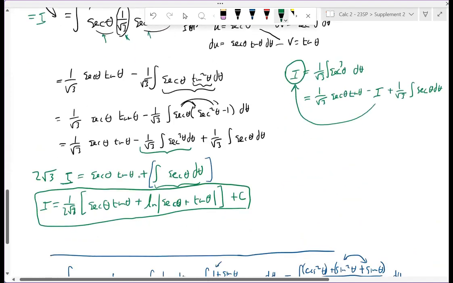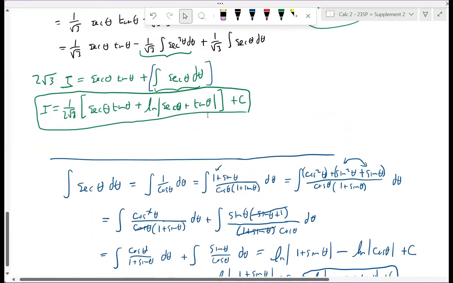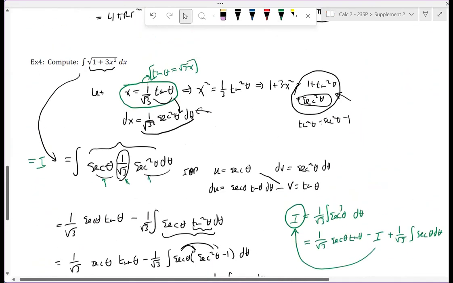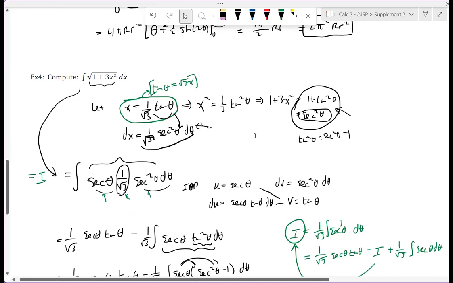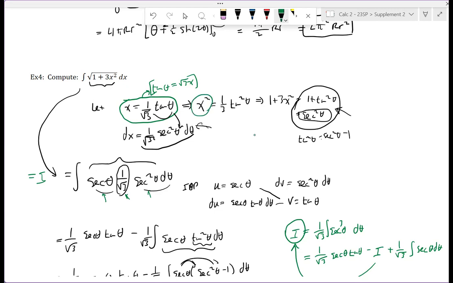And what else do we need? So we need tan theta. We also need secant theta. What is secant theta? Trying to find it up here. I know I wrote it somewhere. Here. 1 plus 3x squared turns out to be secant squared, right?